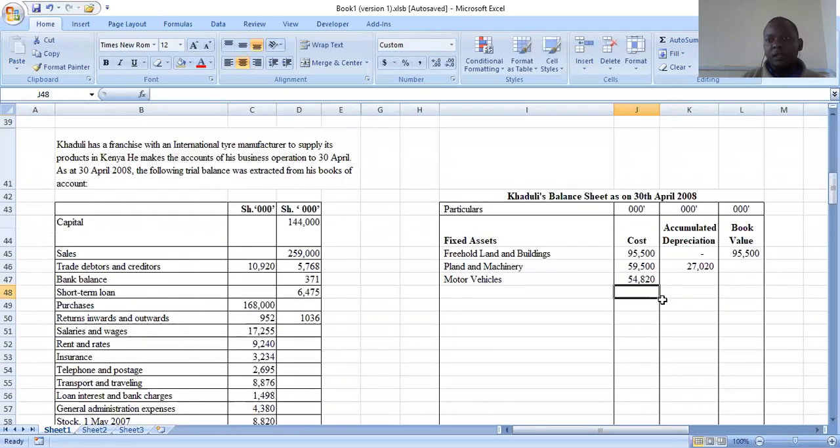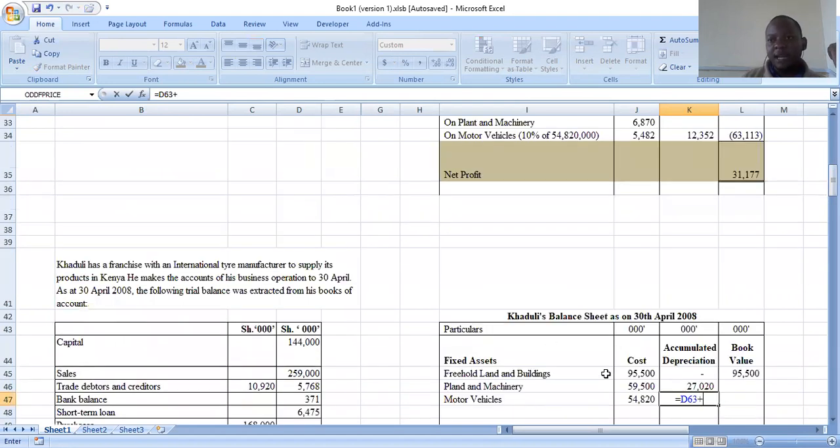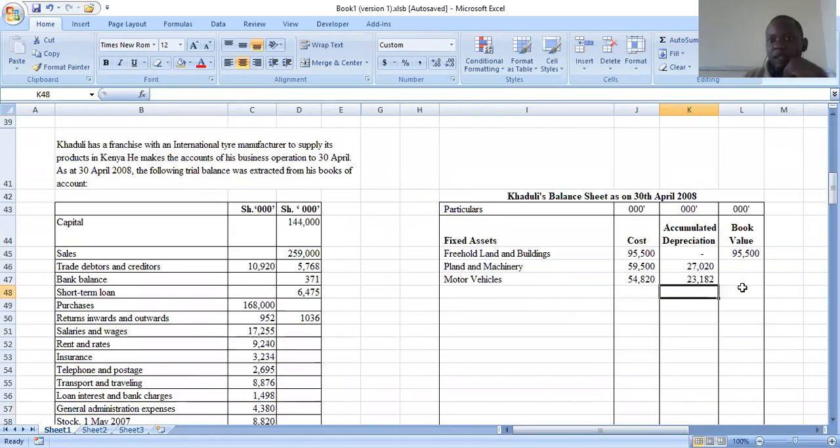And then we have the accumulated depreciation for motor vehicles, which is the accumulated depreciation in the trial balance at the beginning, 17,700, plus the depreciation for the year, 54,882, which gives us 23,182.